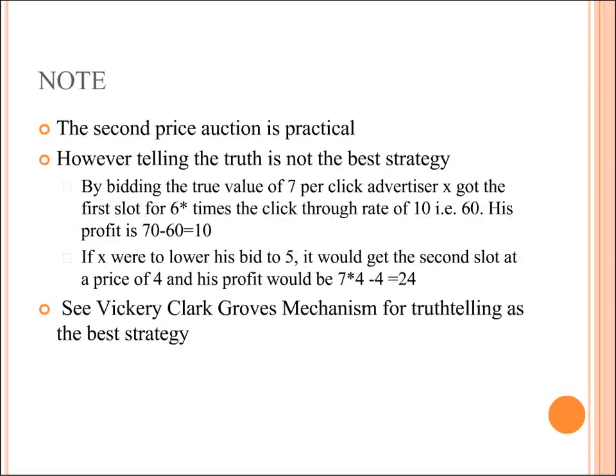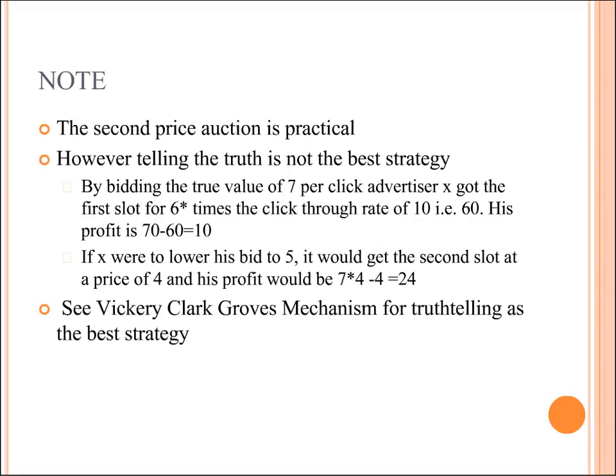However, the second price auction is practical, but in the second price auction, when one item was for sale, I was pointing out that telling the truth is the best strategy. However, in this generalized second price auction, telling the truth is not necessarily the best strategy.